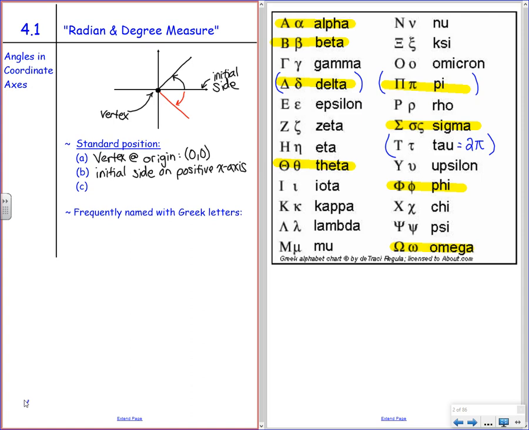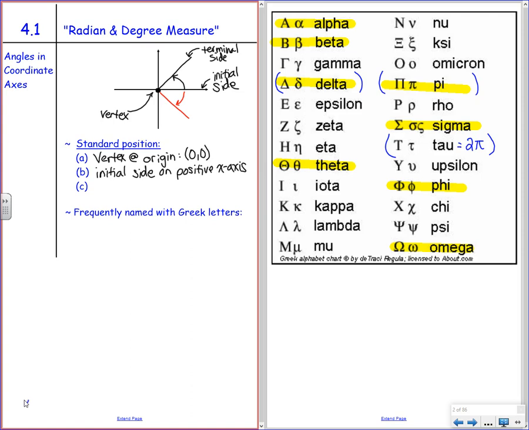It terminates there, so it's the terminal side, like terminal velocity. It initiates on the positive x and it could terminate anywhere, I suppose.